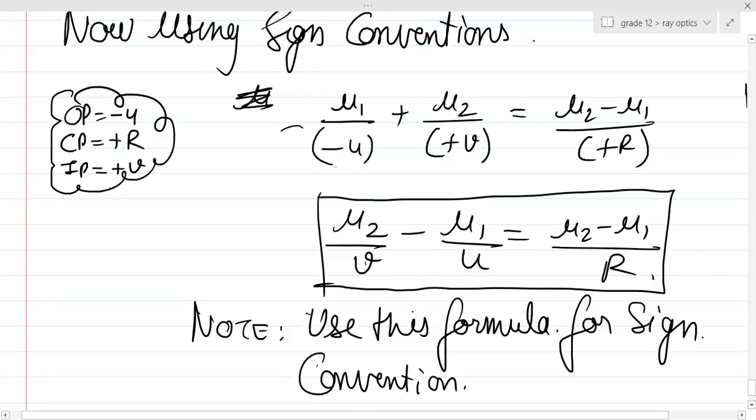When the image is forming towards right, the center of curvature is towards right, so it was specific to that case only. So basically, by using the sign convention in a specific case, we made a generalized formula. Now if I want to use this generalized formula in every case, then I have to use those sign conventions again.